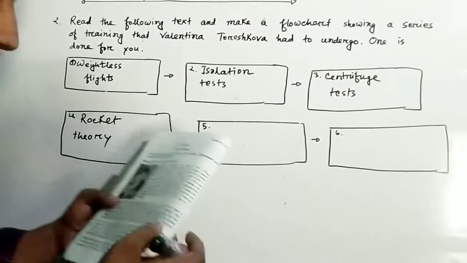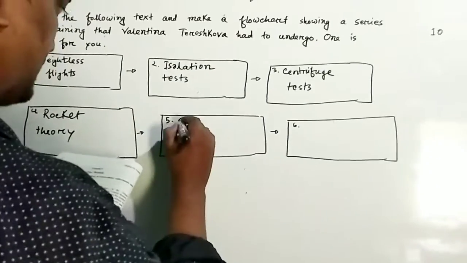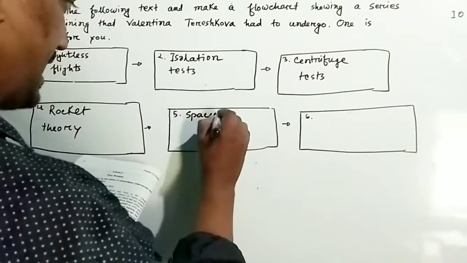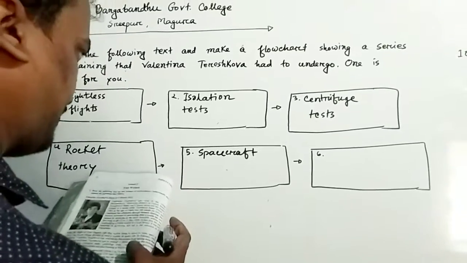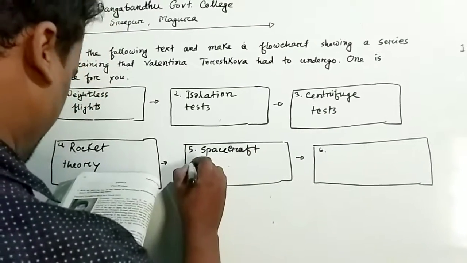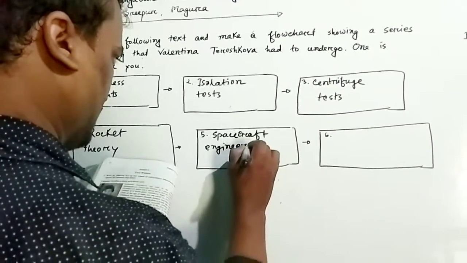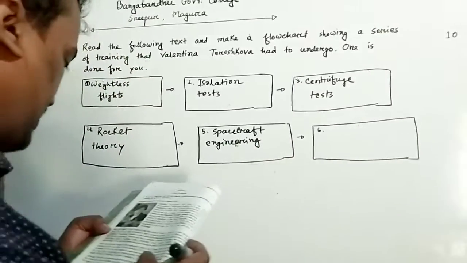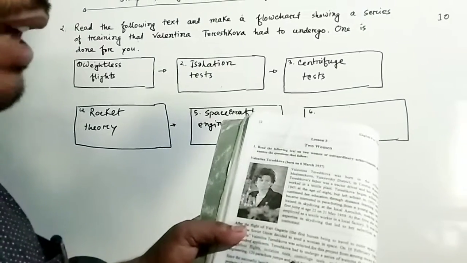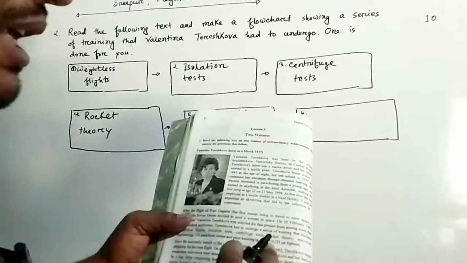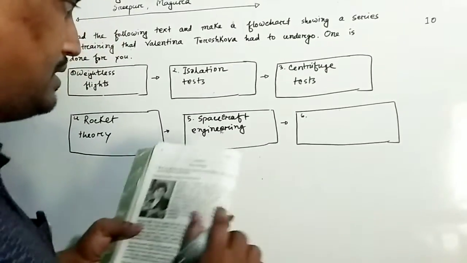Then look at this phrase, spacecraft engineering. And the last one is 120 parachute jumps and pilot training in MiG-15 UTI jet fighters. So you can take just 120 parachute jumps. That's okay.